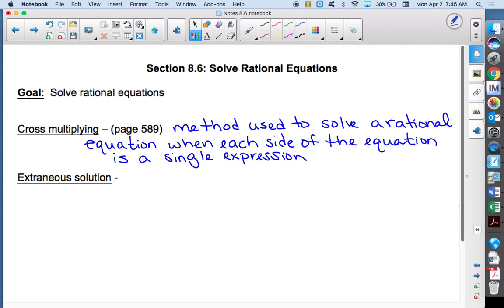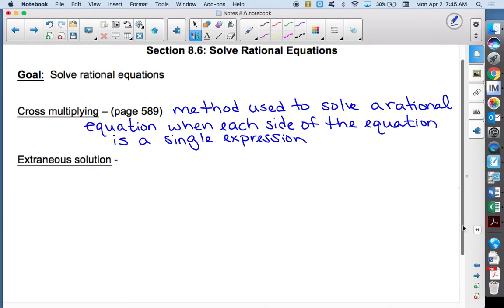So think of a proportion, one thing is equal to another thing, so we cross multiply to solve. The second term, extraneous solution, we just used this when we were solving logarithmic equations. We also used it with absolute value equations.